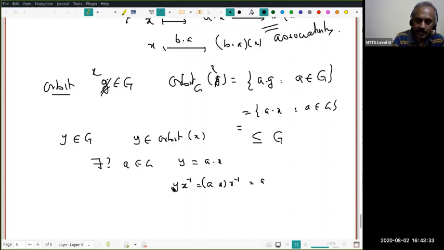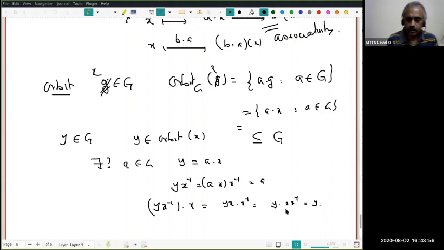So what does that mean? If I take A equal to y x inverse, then y x inverse should operate on x. When it operates on x, it is y x x inverse. Now group associativity tells me it is nothing other than y into x inverse x, which is y. Therefore, x is taken by the element y x inverse to y.